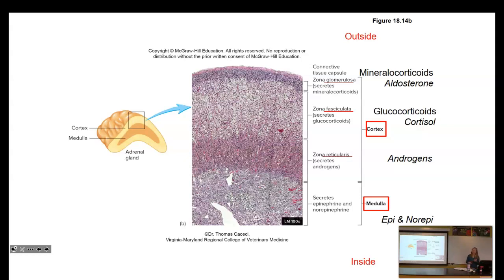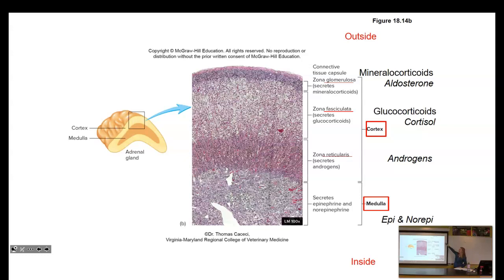So aldosterone primarily acts on the kidneys, but it can also act on sweat glands and taste buds. Now, while aldosterone is telling us to hold on to sodium, that secondarily tells us to conserve water, right? Because water is going to follow that salt as we keep it in the kidney. This is released in direct response. So again, we don't need the hypothalamus here.